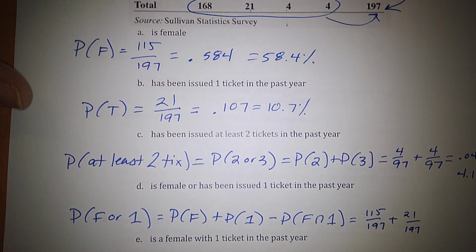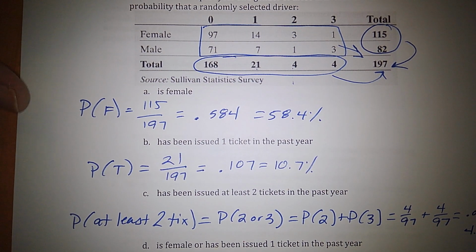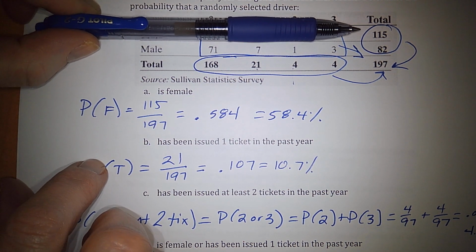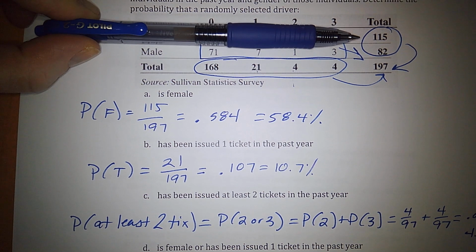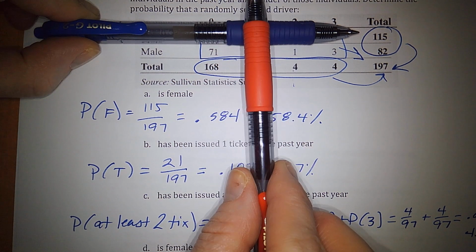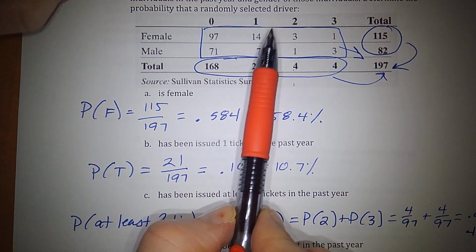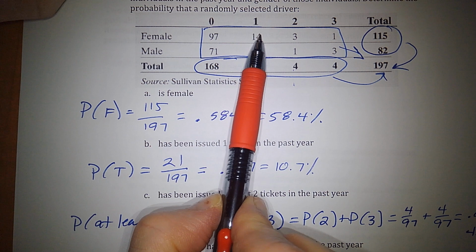But if you look at those two totals, this 115, all of these numbers right here, this is all the females. And all the people that received one ticket is going to be all of these numbers right here. And you're going to see where the row and the column intersect, which is this number right here, has been added twice.